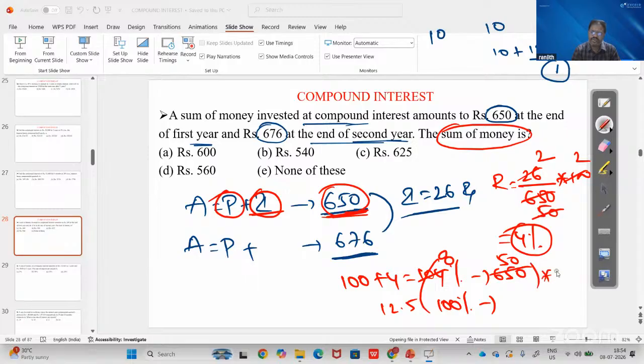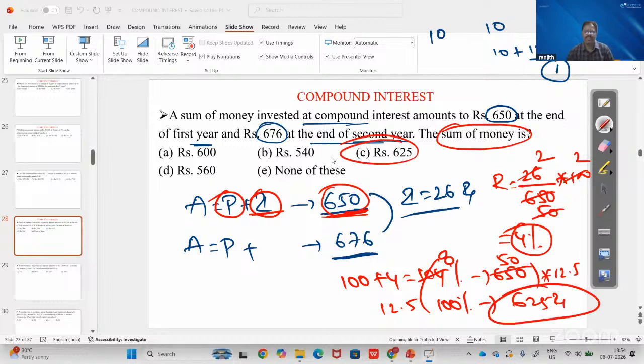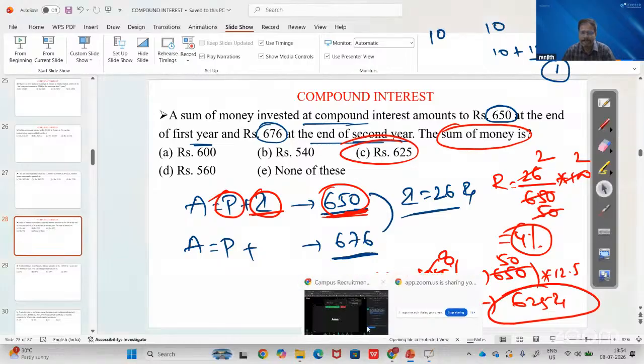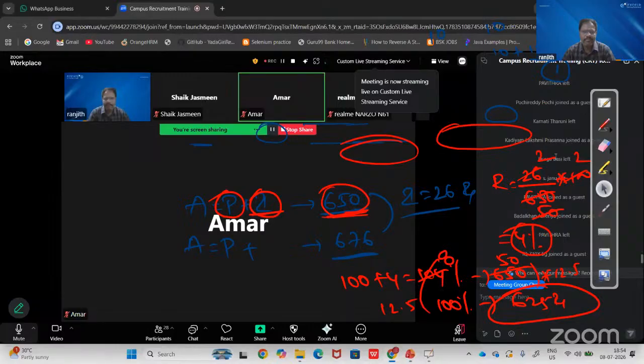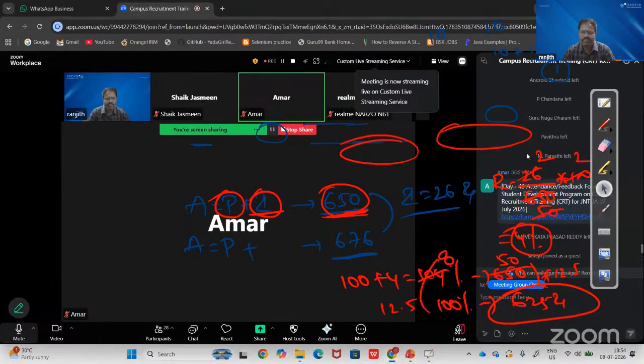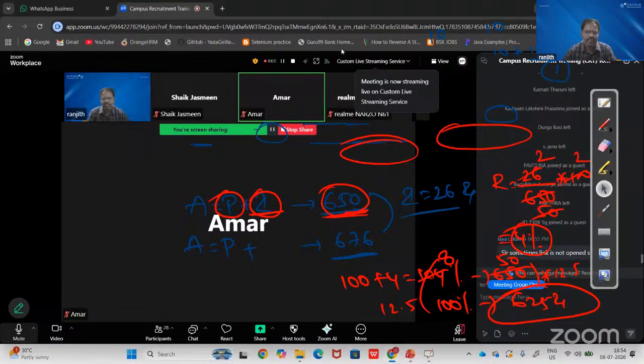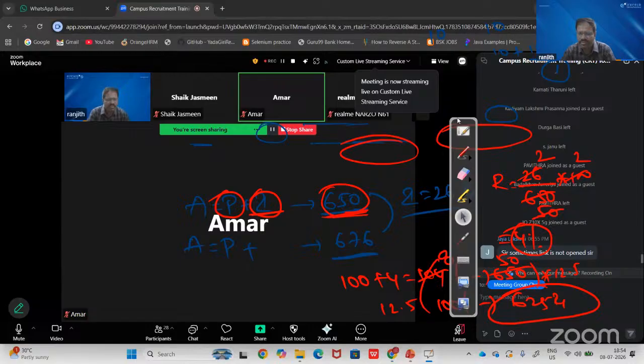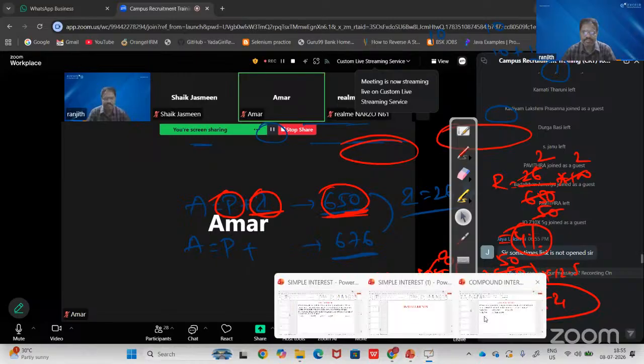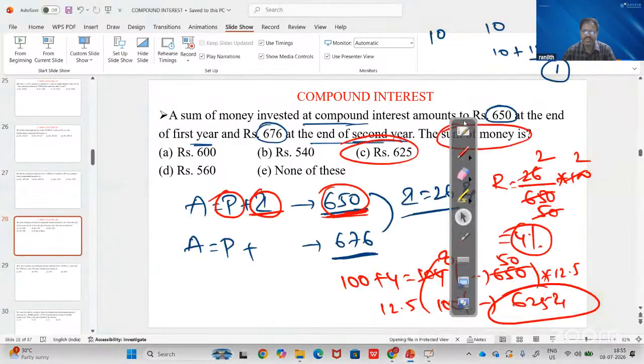So 50 into 12.5 will be equal to 625. So the answer equals 625 rupees.